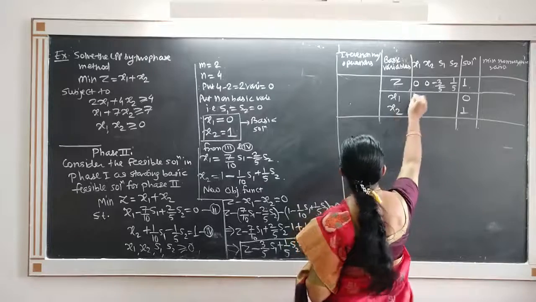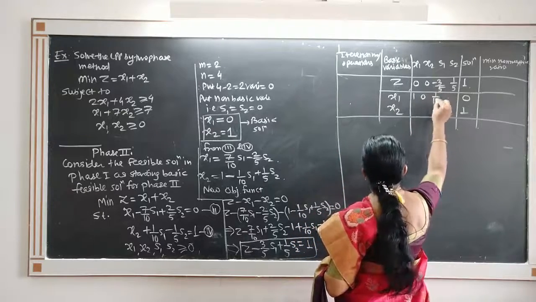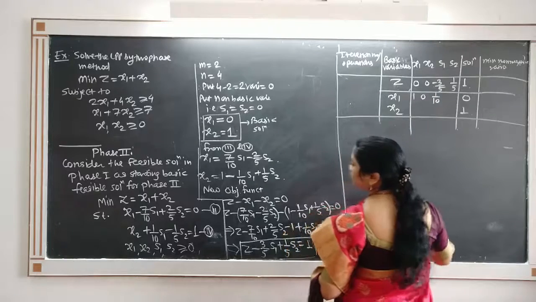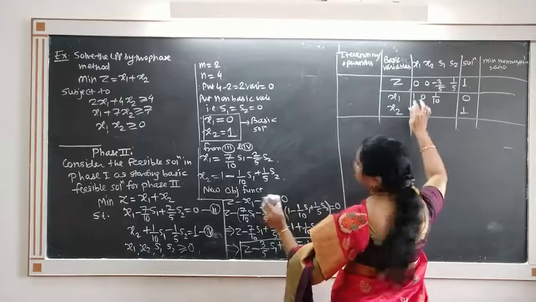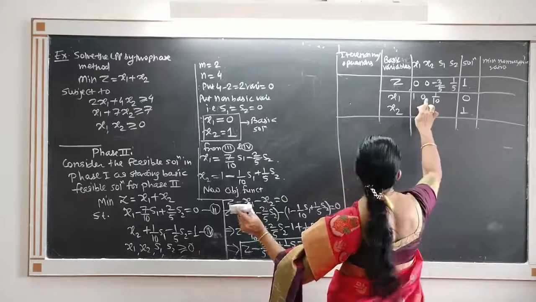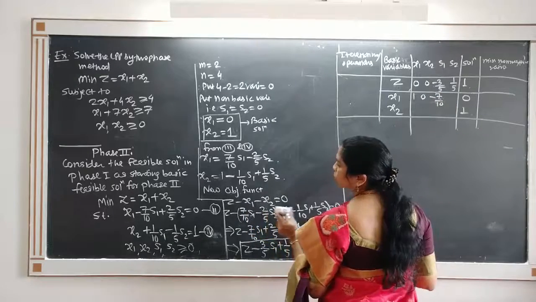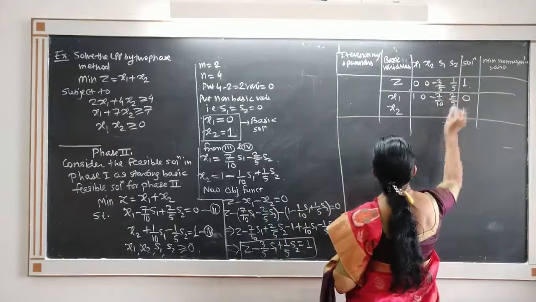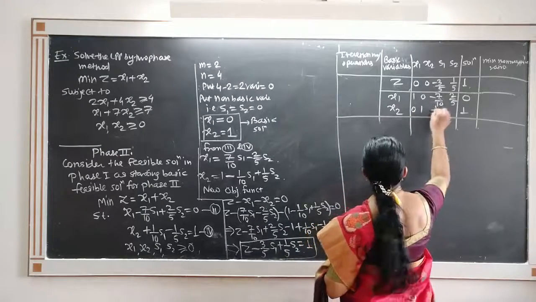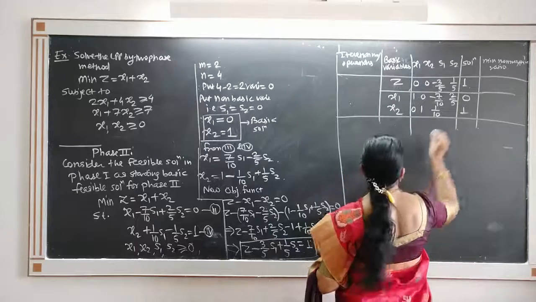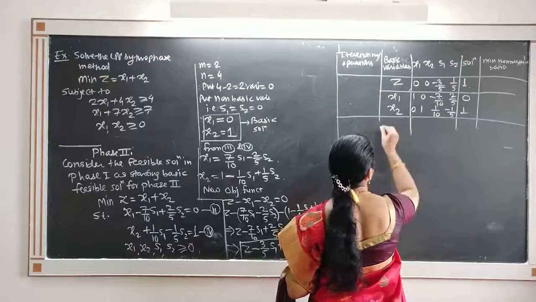First row gives us 1, 0, 1 by 10 s1 minus 1, minus 7 by 10 s1, 2 by 5 s2, then x2 plus 1 by 10 s1 minus 1 by 5 s2 is equal to 1. So this is first table.